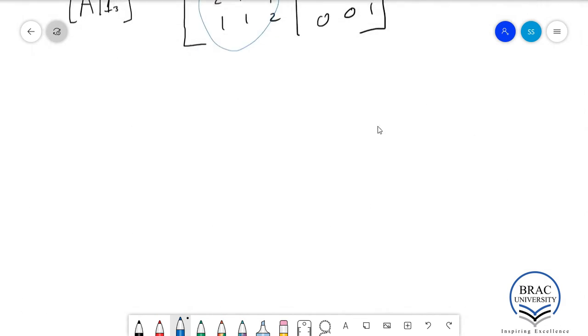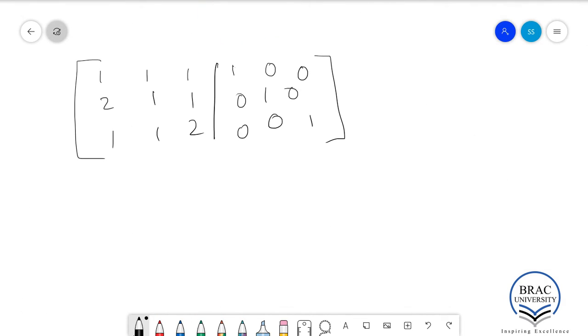So let's proceed. We have our augmented matrix, and the first thing we want to do is take row 1, multiply it by 2, and subtract it from row 2, and at the same time take R3 minus R1, that is, we are subtracting R1 from R3.